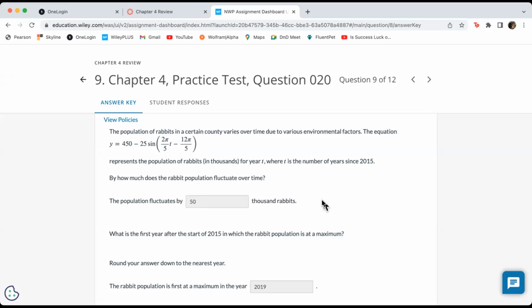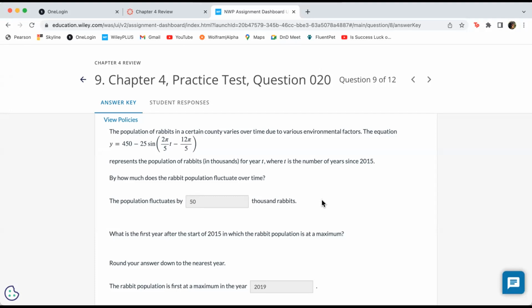How much did the rabbit population fluctuate? So that means what's the difference between the top and the bottom? That's not just one amplitude. It's how much does it fluctuate. The difference between the maximum rabbit population and the minimum rabbit population. So since our amplitude is 25, we should have two of those for 50 kilorabbits.